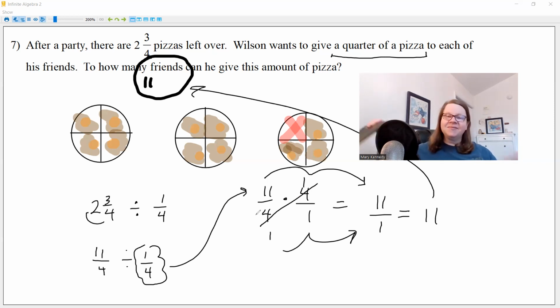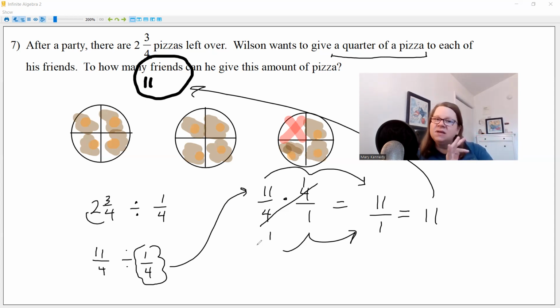I think the sketch is much more straightforward, but sometimes the fractions are not all nice and neat. Sometimes you can't just sketch it and have it come out. I mean, what if the answer had been 2 1/2 friends can get pizza, or 12 3/10 friends? This one comes out nice and clean, and so it just works out, it's lovely, right?